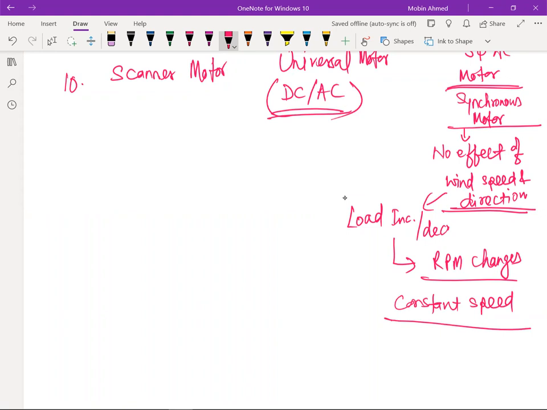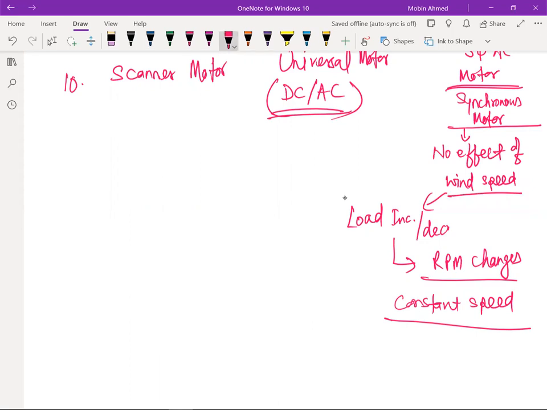Constant speed is given only by the synchronous motor. No other motor is going to give a constant speed. And that's the reason the synchronous motor is preferred. If your scanner is very large, then there should not be any effect of the wind speed and direction. Direction means what? Because it is rotating in 360 degrees, so we will not talk about the direction.